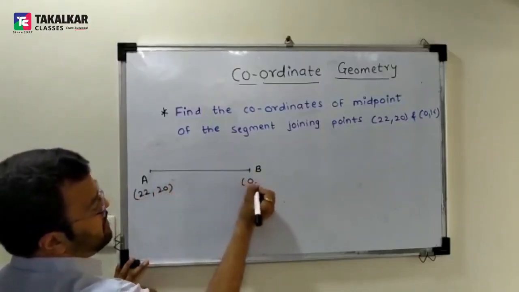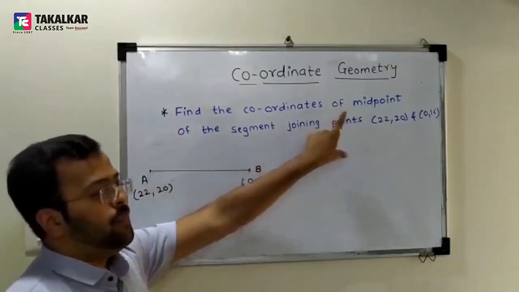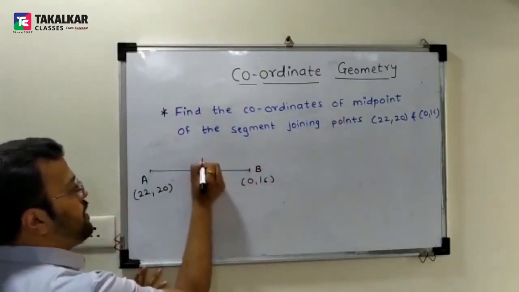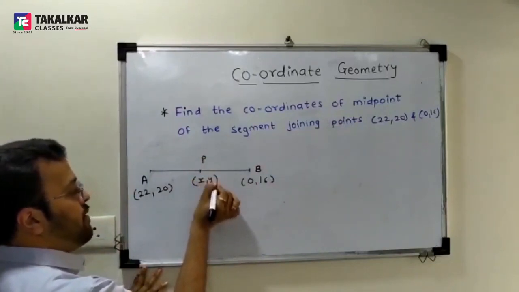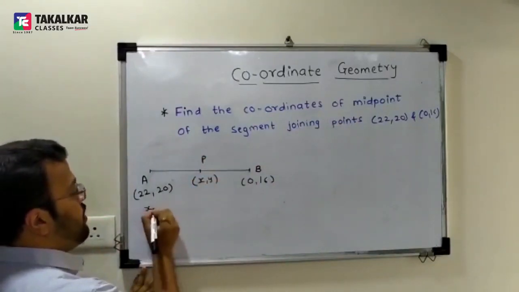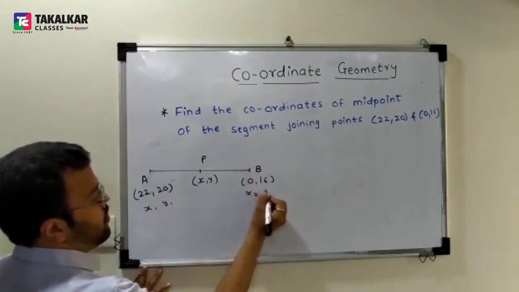What is my second point? 0, 16. Now what do you have to calculate? Coordinates of the midpoint. So let's assume my midpoint is P. Always the midpoint coordinate is x comma y. The first point has coordinate x1, y1. The second point has x2, y2.